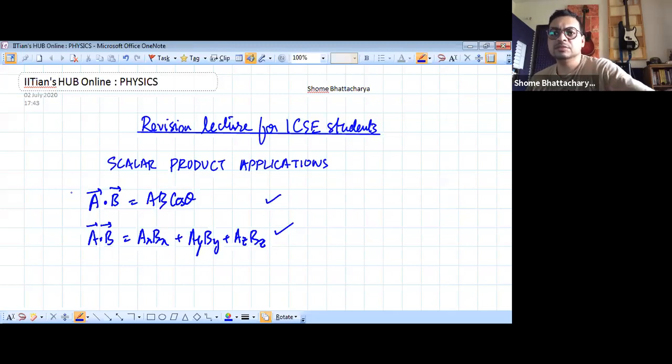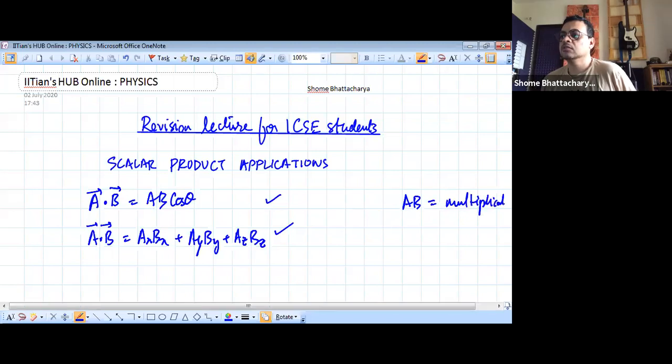Ritika, what is the difference between product of vectors A and B and AB? When you write AB like this, it is just multiplication of magnitudes, multiplication of two scalar quantities A and B. This is not any kind of vector operation.